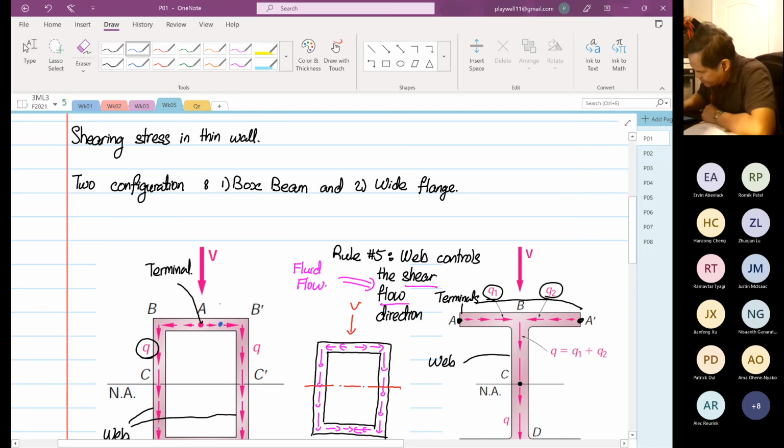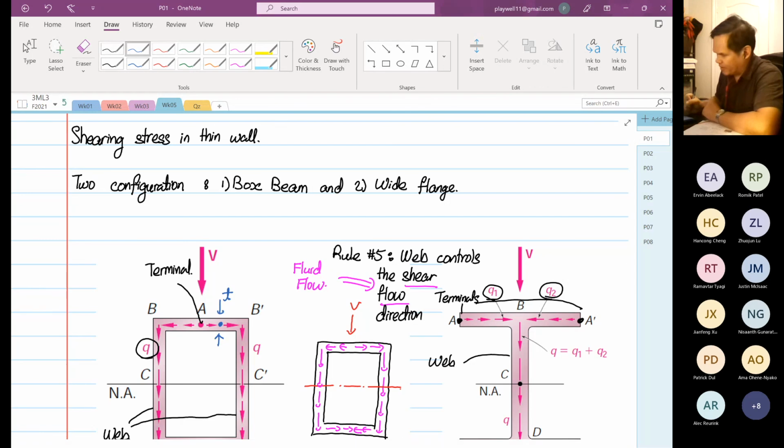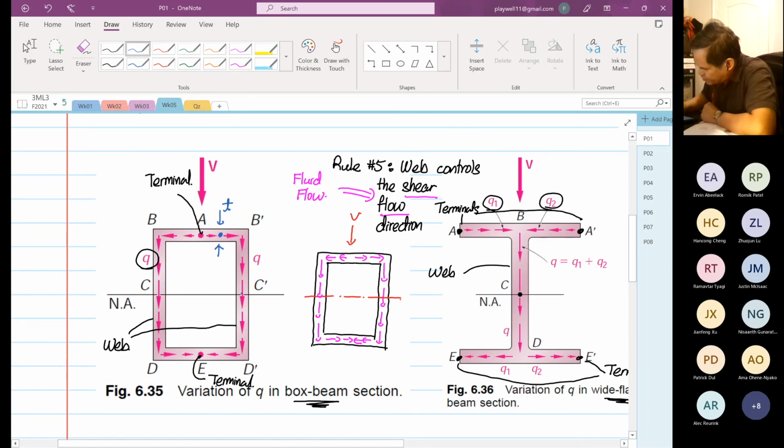The thickness is perpendicular to the shear flow direction. I repeat again, the thickness is perpendicular to the shear flow direction. So if I want to find the shear flow at this point over here where I'm circling now, this is the thickness.